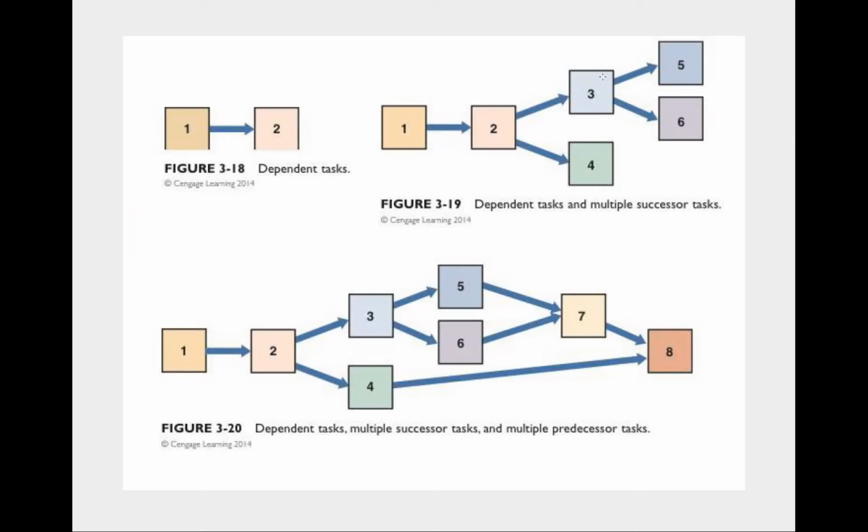And after task 3, there are 2 starting, 5 and 6. So we have dependent tasks and multiple successor tasks here. And the last one shows you dependent tasks, multiple successor tasks, and multiple predecessor tasks. For example, if you take 7 and 8, see what will happen. 7 is waiting until both 5 and 6 are finished. 8 is waiting until 7 and 4 are finished.